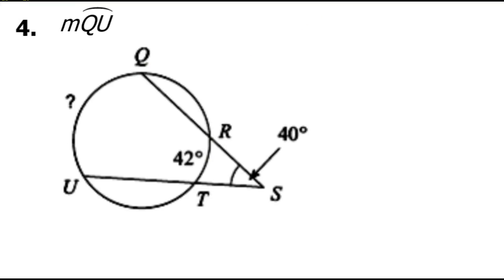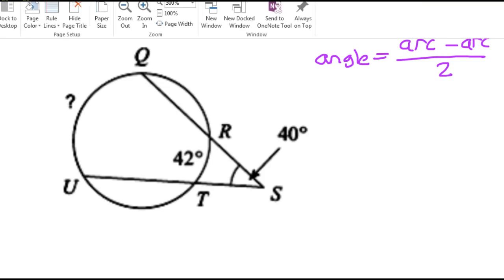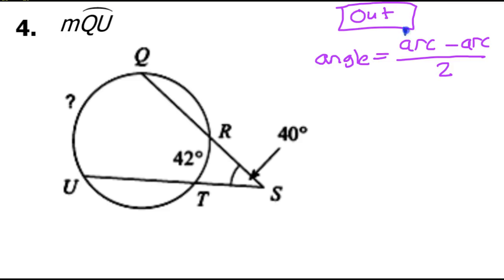So here's another outside the circle problem. All right, and when you have the angle outside the circle, the formula is angle is equal to arc minus arc divided by 2. And please, please make sure that this is going to be the big arc and this is going to be the small arc. In this case, we're given the angle.